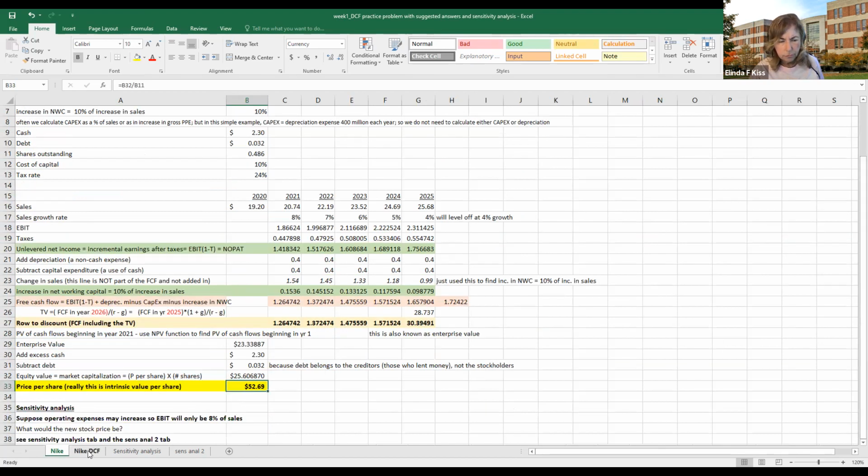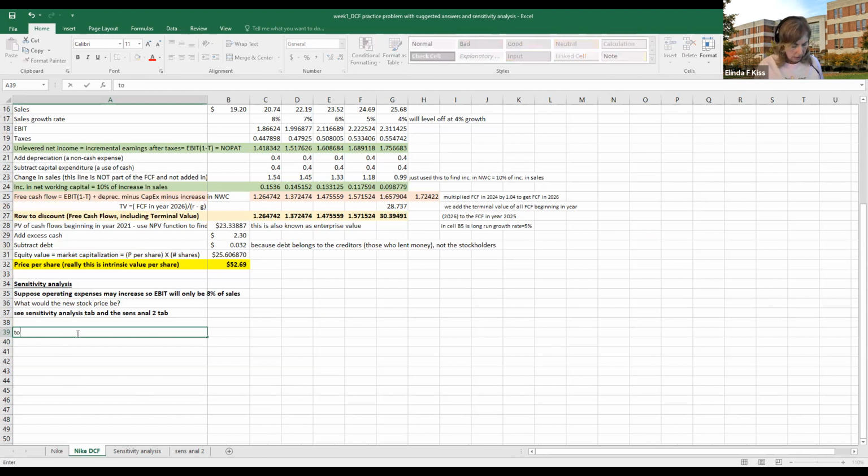I want to calculate IRR, internal rate of return, using all cash flows, including a year zero cash flow, which we may assume is the cost of the project. You don't find an IRR for a company.